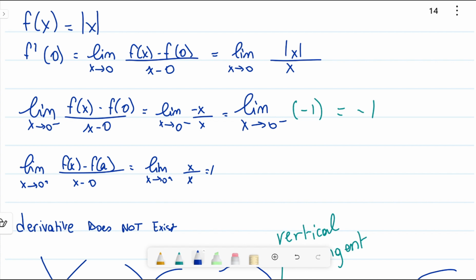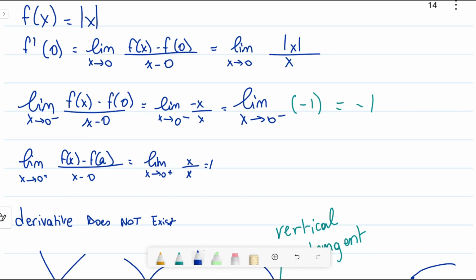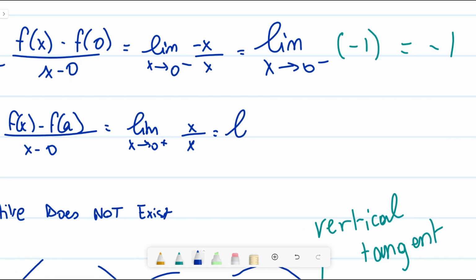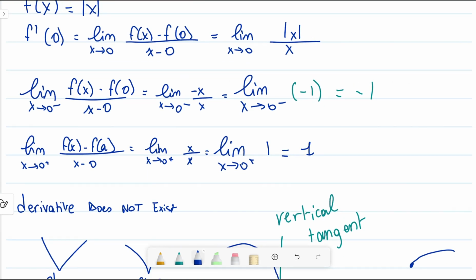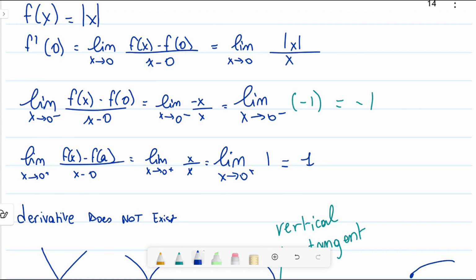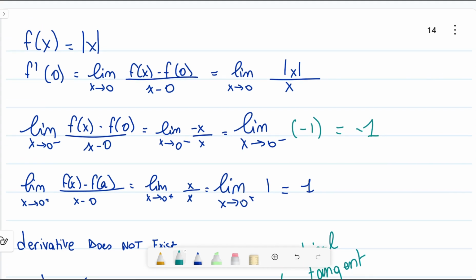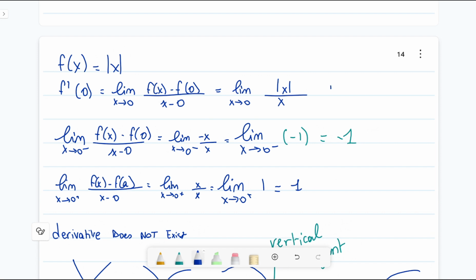As for the limit coming from the right, I can rewrite this absolute value as x. So I get the limit as x approaches 0 from the right of x divided by x. So what is x divided by x? It's 1. So this is the limit of 1, and the limit of a constant is the constant itself. So we can notice that the left-hand limit and the right-hand limit are not equal. Therefore, the overall limit does not exist.